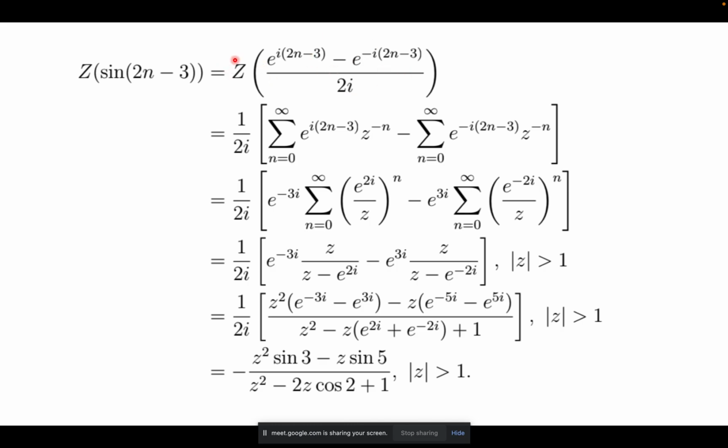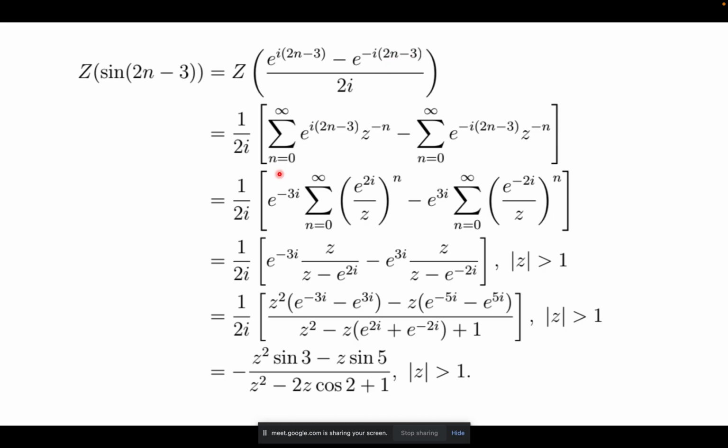So basically you need to find the z transform of this function, right? Again you can use the linearity property first, as you do in the Laplace transform. And so here what you can do is bring this 1 by 2 iota outside, right? Now first you will use the formula of the z transform of this, and then you use the formula of the z transform of this.